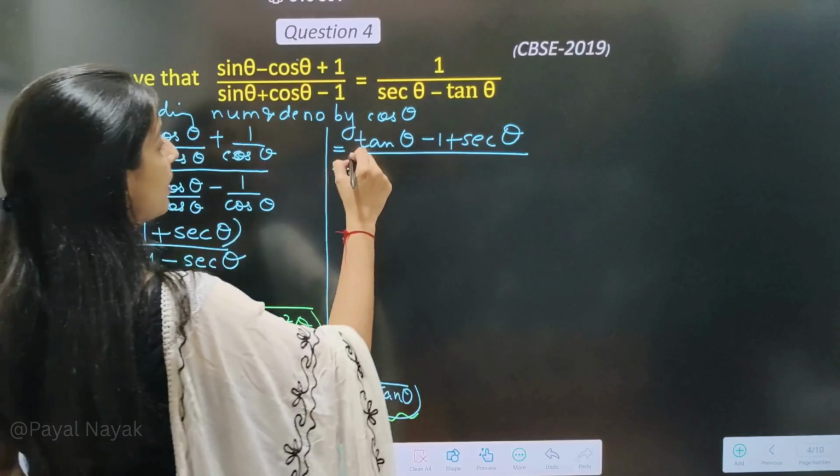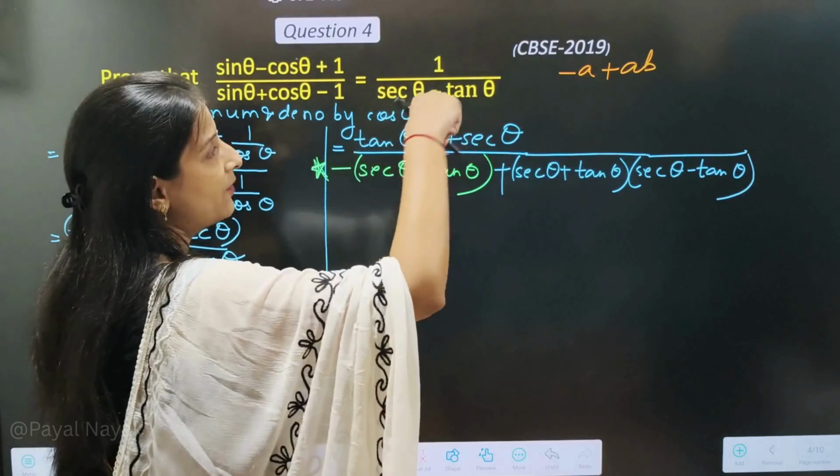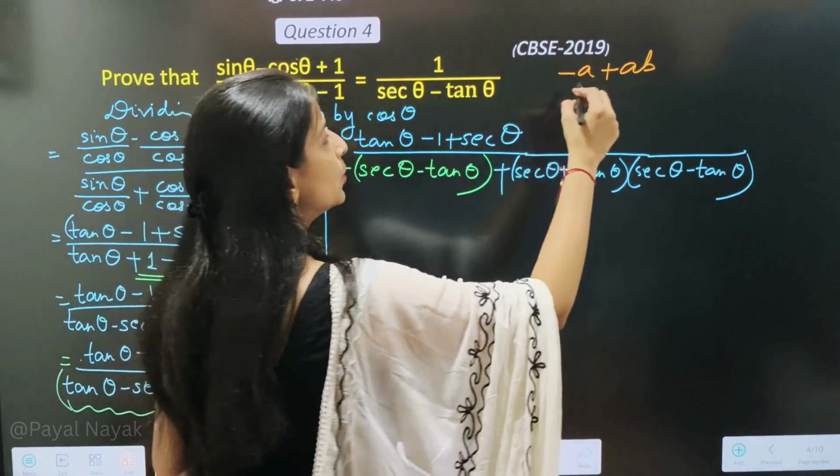Now for that, again, many students will get confused over here. So just pay attention. Here, suppose if I give you, say, minus a plus ab as a question. And if I ask you to factorize it, how will you do? You will take a as common, correct? And what are you left with? Minus 1 plus b.